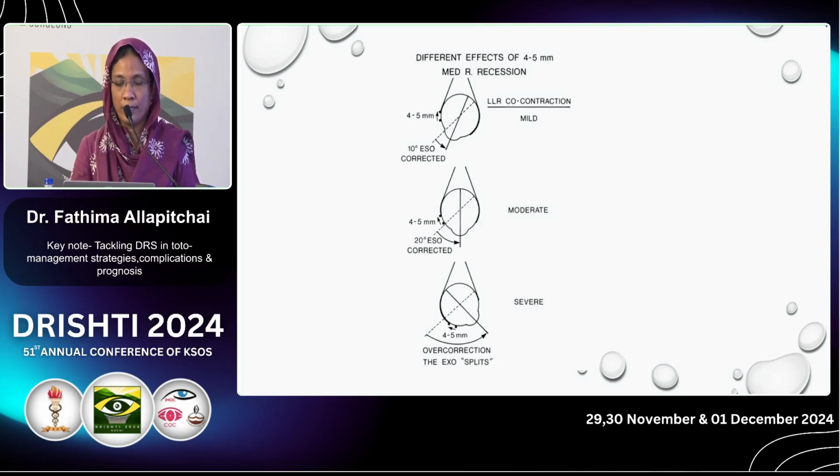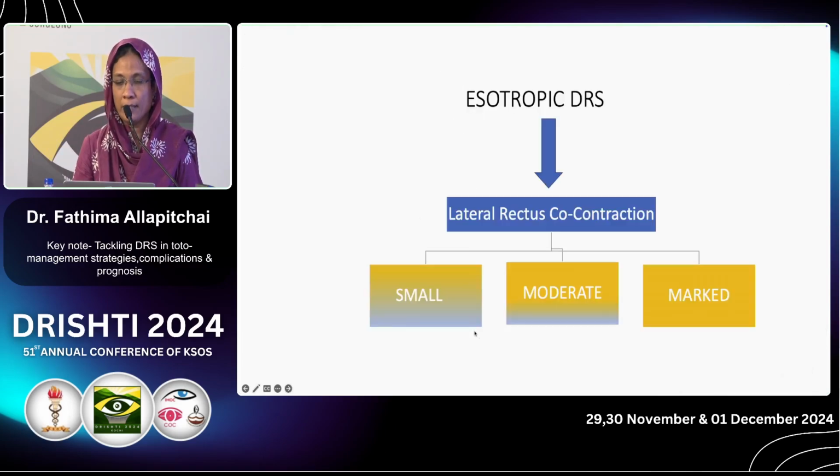It is also pulling the eye outside. If there is severe LR co-contraction and you are doing the same amount of recession in the medial rectus, even the eye can go to abduction, to exo position. It is called an induced split. So that is a very important aspect we have to remember when we touch the medial rectus of the Duane's eye.